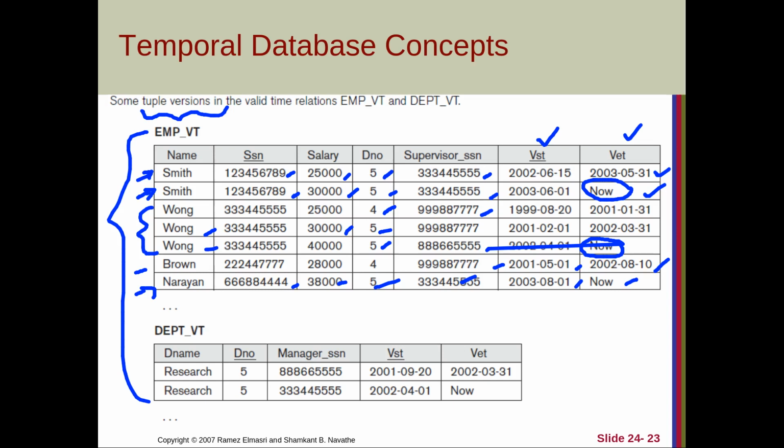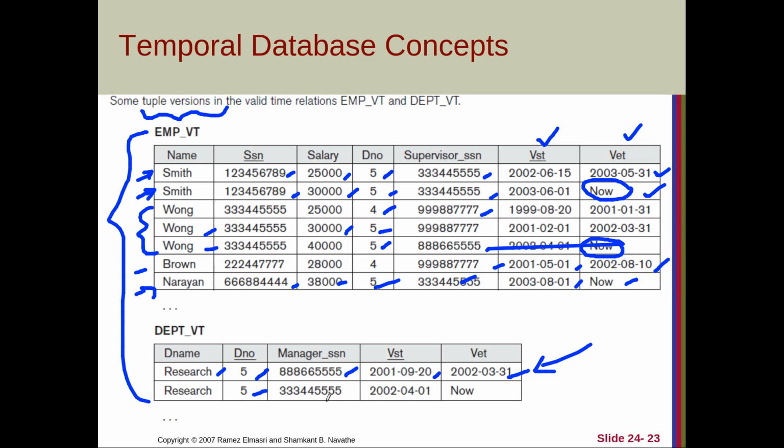Later it will be changed, so the previous one will become history and a new tuple will be added into the temporal database. Similarly, for the department valid time relation, you can see for the research department, department number 5, the manager is this one, and from 29/2001 to 31/3/2002, this is the history of the research department. Now it is history because we have a valid end time. Now the same department, research with department 5, has another manager.